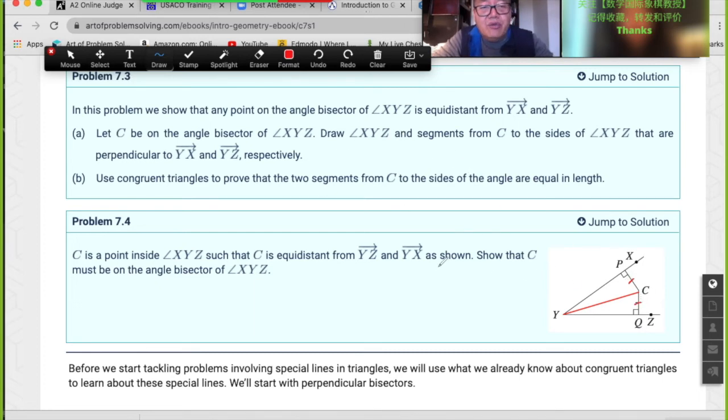Okay, this one is actually the graph of the later problem. In 7.4, you suppose you know this one equals this, then they ask you to prove these two angles are equal. So here in this problem 7.3, you only know C is on the angle bisector. So that means you have these two angles congruent. So then they ask you to prove CP equals CQ.